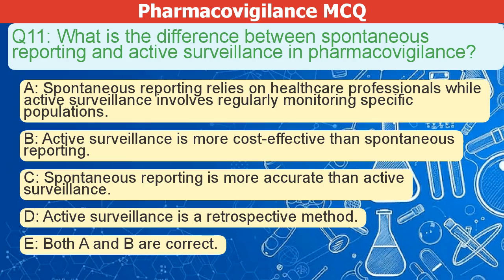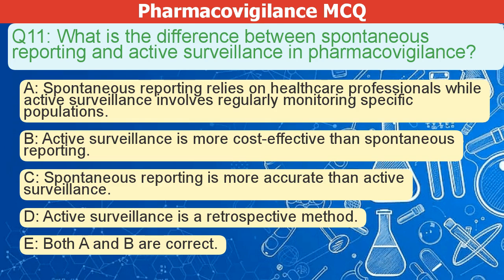What's the difference between spontaneous reporting and active surveillance in pharmacovigilance? A. Spontaneous reporting relies on healthcare professionals, while active surveillance involves regularly monitoring specific populations. B. Active surveillance is more cost-effective than spontaneous reporting. C. Spontaneous reporting is more accurate than active surveillance.